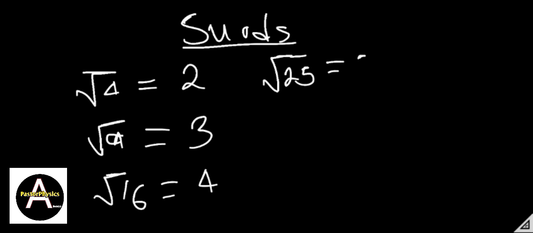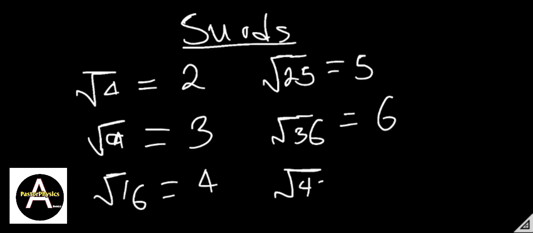Root 25 is equal to 5. After root 25, the next one is root 36, which is 6. The next one after root 36 is root 49. Root 49 is 7.